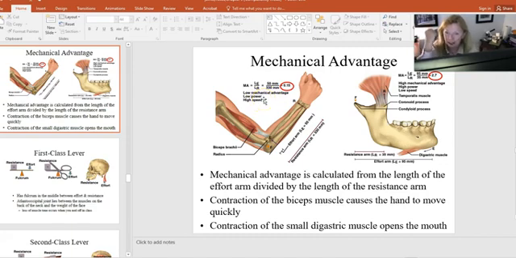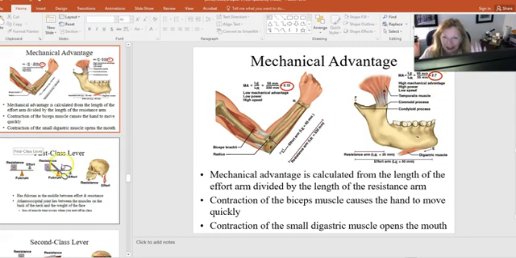If it is greater than 1, you will have power at that joint. So mostly what I want you to get from all of this is MA, mechanical advantage, is equal to the length of the effort divided by the length of the resistance. If it is less than 1, speed. If it is greater than 1, power.